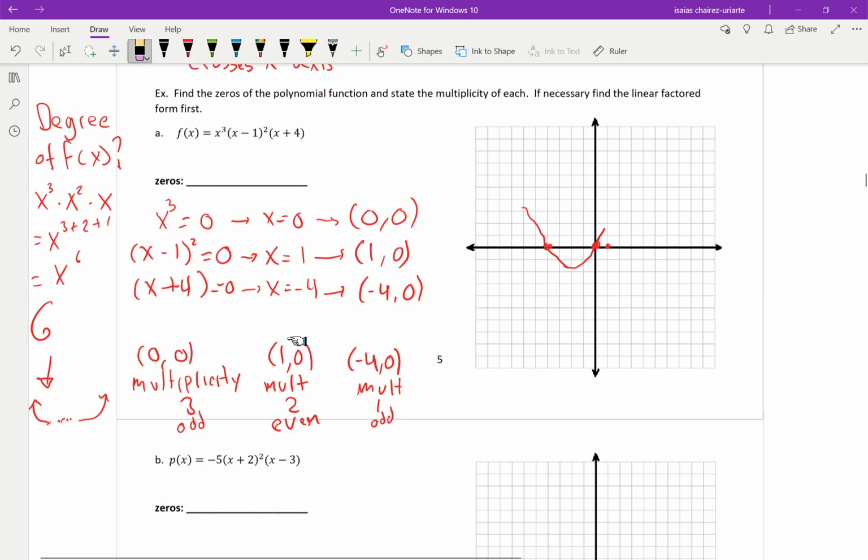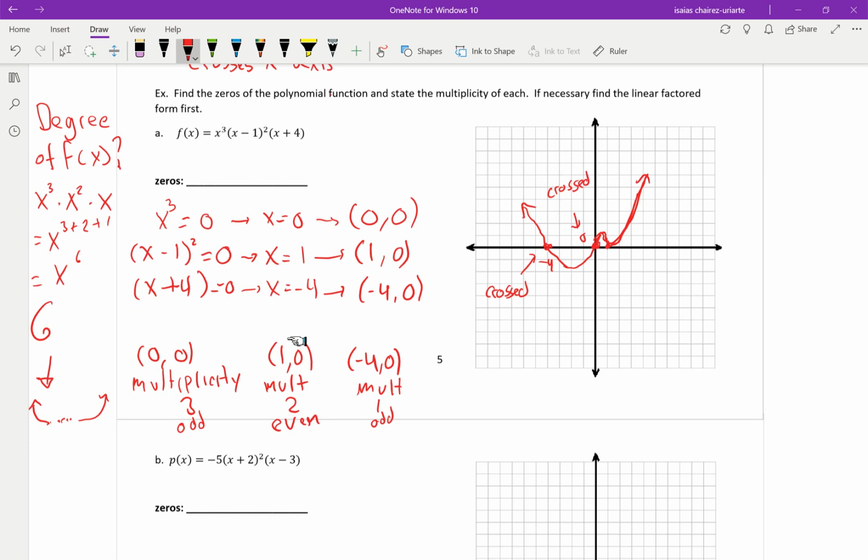Again, sorry about my sketch. It's not the best, but it captures the idea. So I just touch the x-axis and bounce off. I do not cross the x-axis there. So we said here we just crossed, and that's at negative 4. Right there at 0, we just crossed.